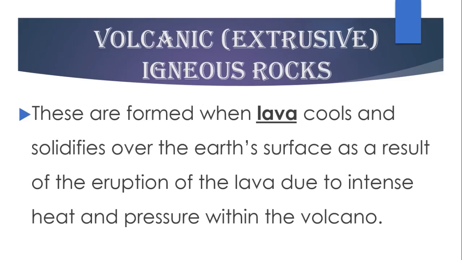So we say volcanic igneous rocks are formed when lava cools and solidifies over the Earth's surface as a result of the eruption of the lava due to intense heat, extreme heat, and pressure within the volcano. I hope you get the difference between the volcanic rock and the plutonic rock.